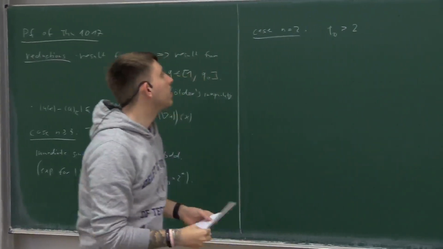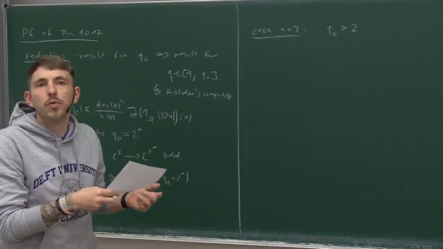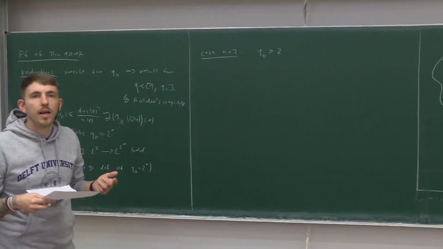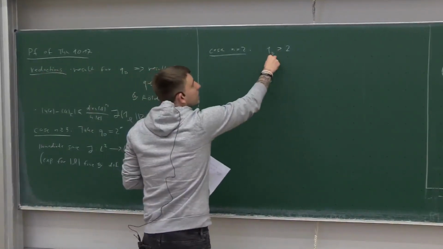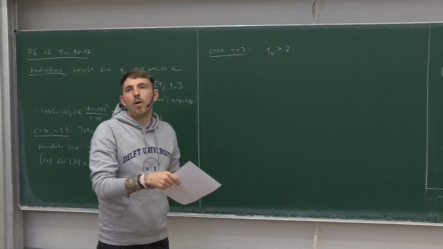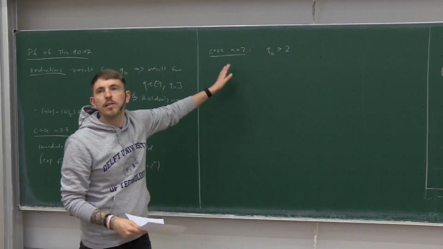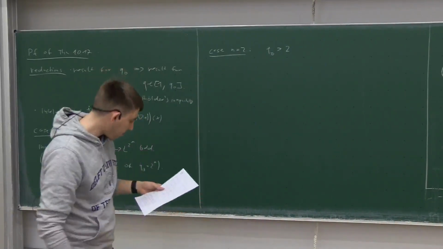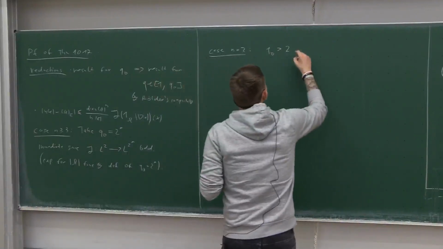So remember, the statement was that we can show it for all q of arbitrary size, but not equal to infinity. So of course I can take this q naught larger and larger over 2. So this will give me the upper range of the statement, and then the numbers less than or equal to 2 will follow by the first reduction. Okay, so what do we do then here?